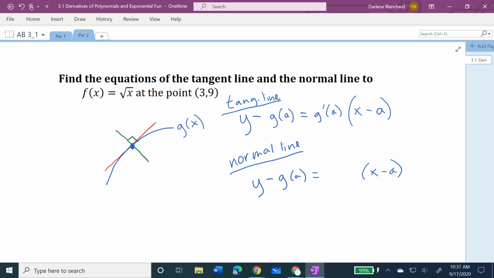And how do you perpendiculariate the slope? I'm looking in chat. Negative reciprocal. So let's do this quick example, and then I'm going to open up your quiz.